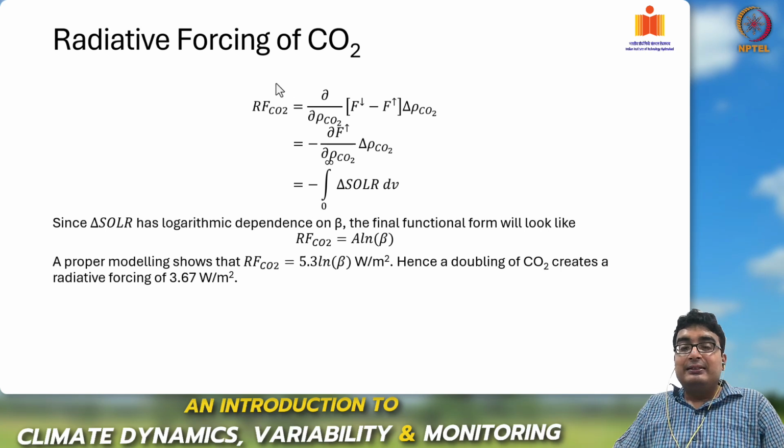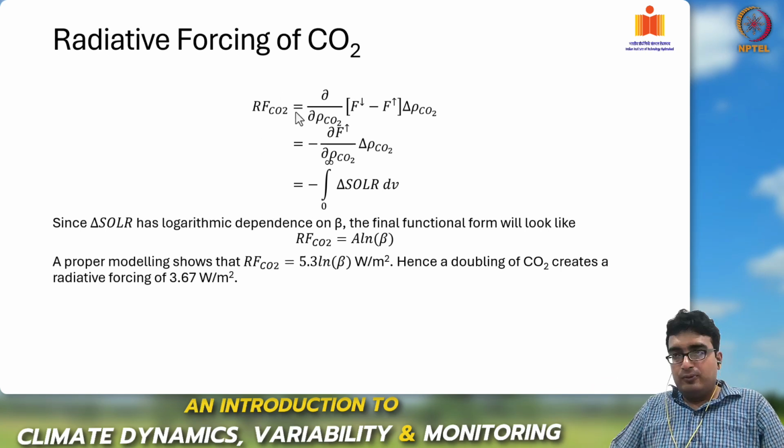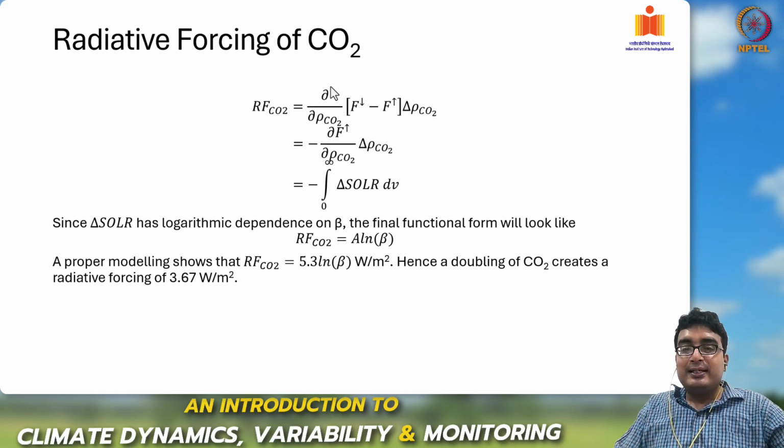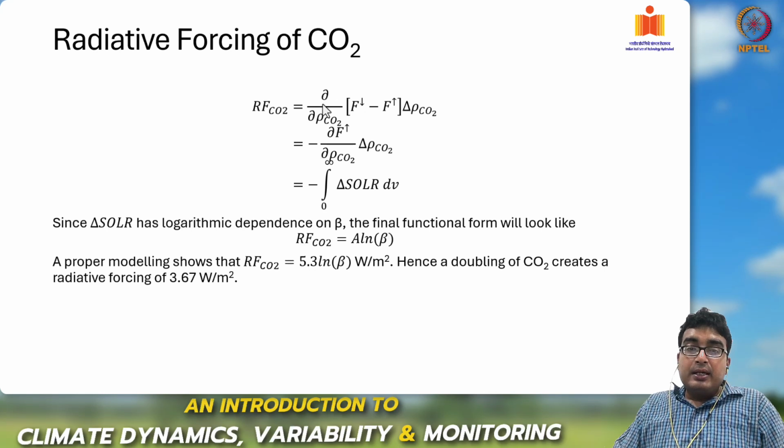So the radiative forcing for CO2, because remember we are trying to find the radiative forcing for CO2. Okay. What was it? It's the change in the net outgoing long wave radiation, F downward minus F upward, or the net downgoing, whichever way you were thinking of that, due to change in the density of CO2, this gradient into the change in density of CO2.